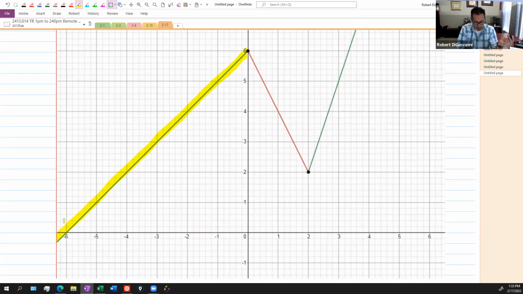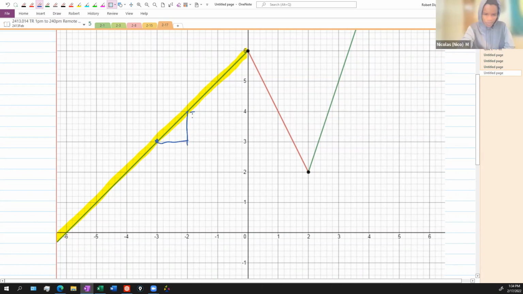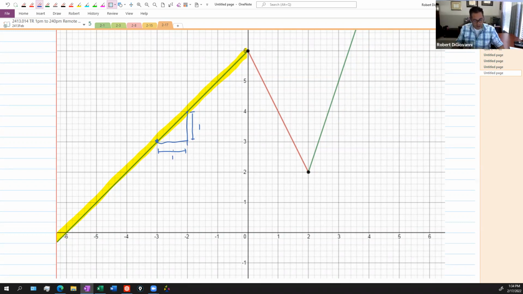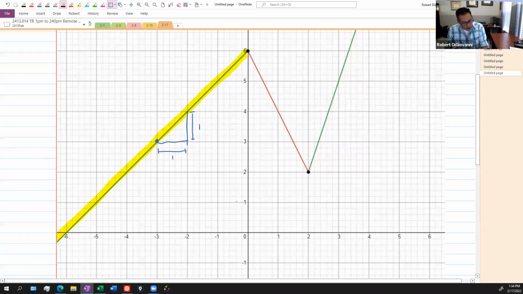Can y'all tell what it is, if I just pick 2 points and find the rise over run? 1, 1, right? It's 1 that way and 1 this way. So the slope of that line is 1, which means the derivative should always be 1 over here, shouldn't it? So if I pick any x value over here, the derivative should always be 1, which means my derivative should look like this over here.